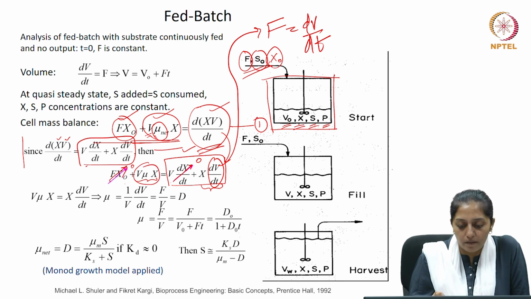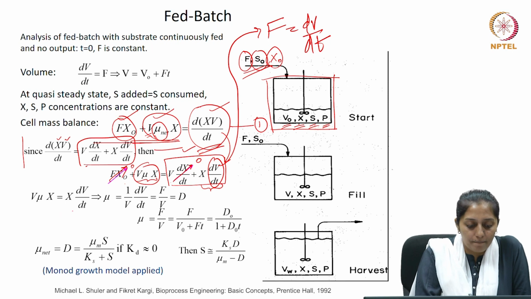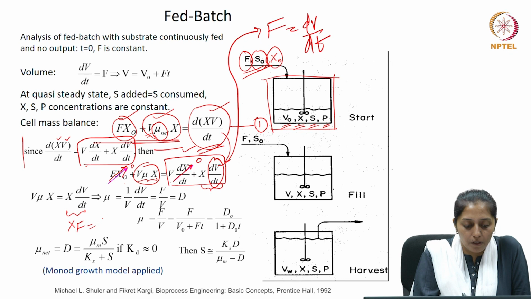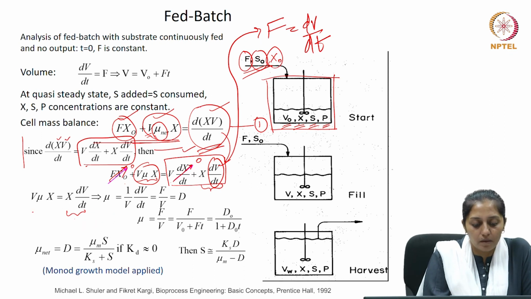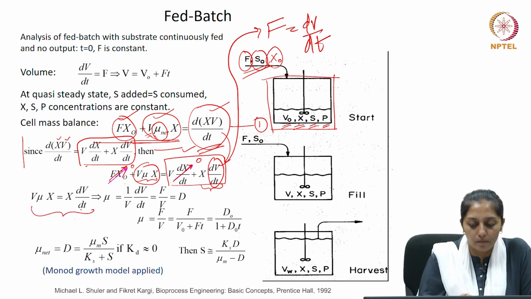So this becomes X times F, which is equal to V mu X. So what they have done in this equation now, V has been brought here.